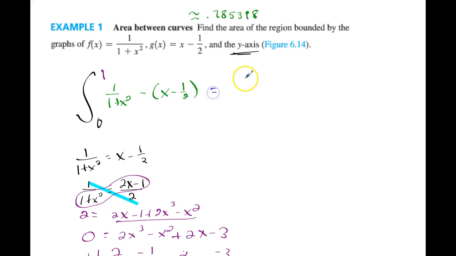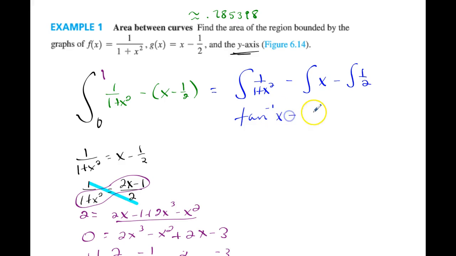So this is this. And the integral of 1 over 1 plus x squared, if you remember, is tangent inverse. This is going to be x squared divided by 2, and this will be plus 1/2 x.